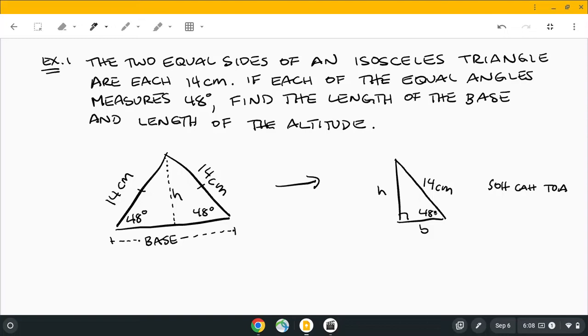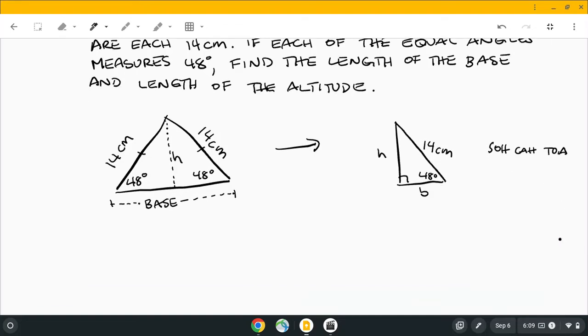All right, so here's my 48 degrees. If I want to solve for this height here, H, this would be opposite. And then I'm also given this here, which is our hypotenuse. So I have opposite and hypotenuse. So that means I am going to use sine to solve for the height.